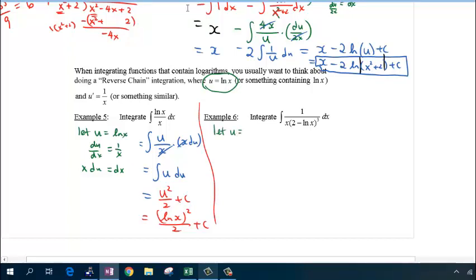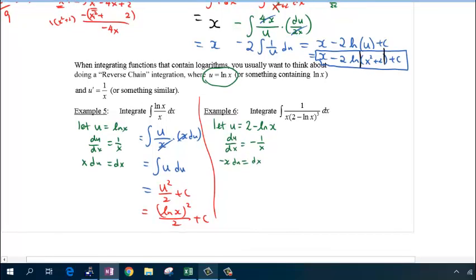Maybe not letting u equal just ln x, but the entire thing in the bracket would be a good idea. The derivative of 2 is still 0 anyway, so no biggie. Negative x du now equals dx. Making the substitutions, let's see what happens. 1 over x, u cubed, dx now is negative x du.